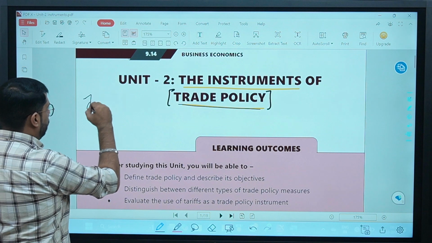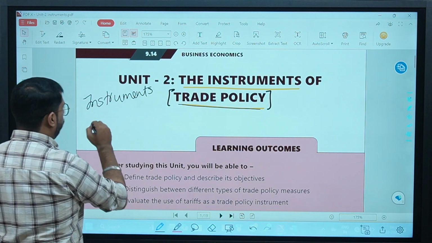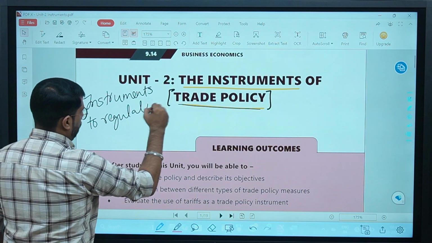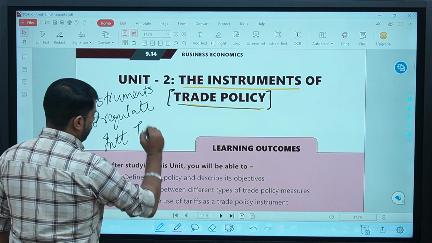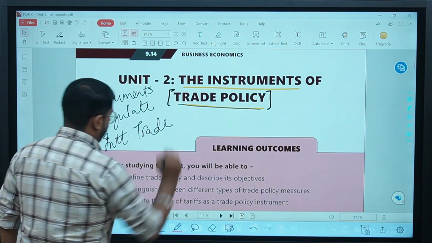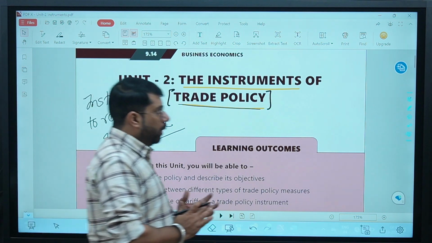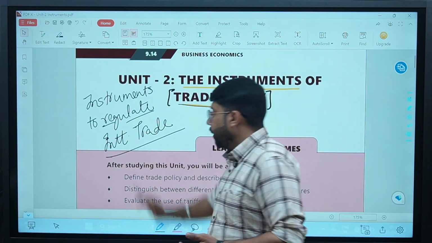So, here we are going to study about some instruments to regulate international trade. Got my point? So today's topic will be completely about how to regulate international trade.